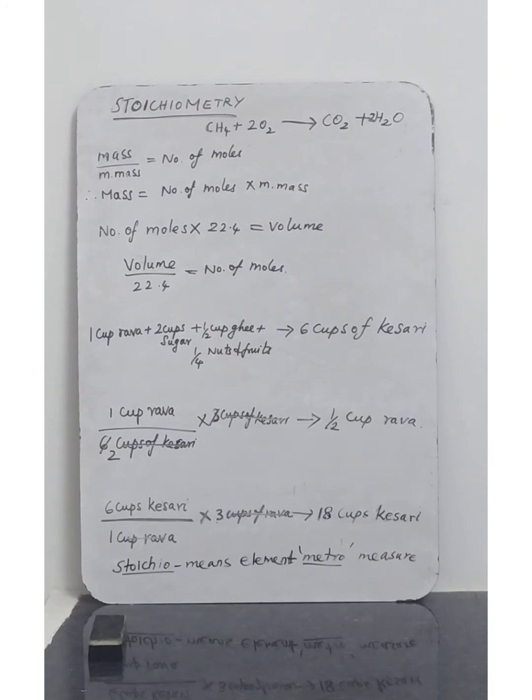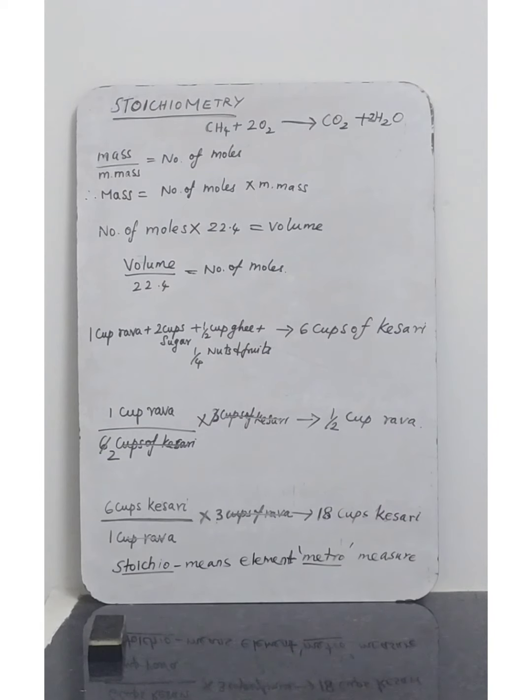Understand what I am saying? Suppose you want to calculate the amount of ingredients required for the preparation of 3 cups of kesari. For 6 cups of kesari we have taken 1 cup of rava, and the sugar is double the amount of rava.